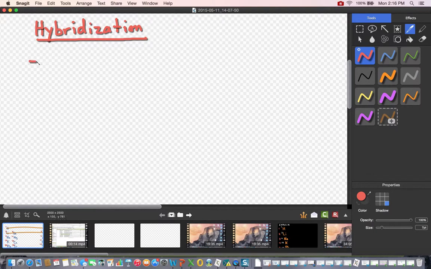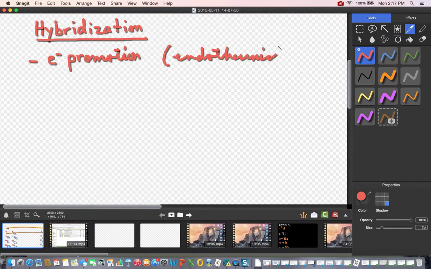So hybridization includes 2 processes. One is electron promotion. By the way, this is an endothermic process. And number 2, orbital mixing.